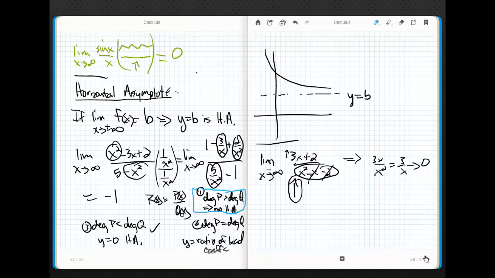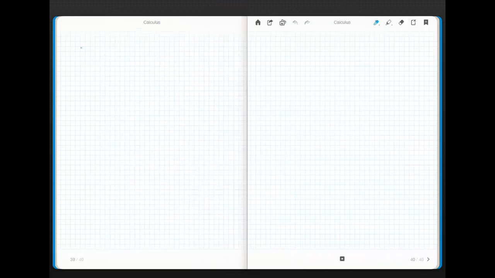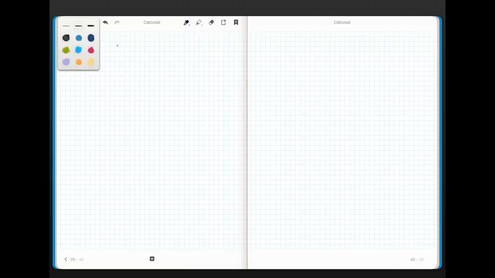Now, let's go back and take another limit at infinity. Let's say that I want to take the limit as x goes to negative infinity of e to the x. Now, there's lots of ways to deal with this. I could do it numerically. I could plug increasingly large negative numbers into x, into my calculator, and see what happens.